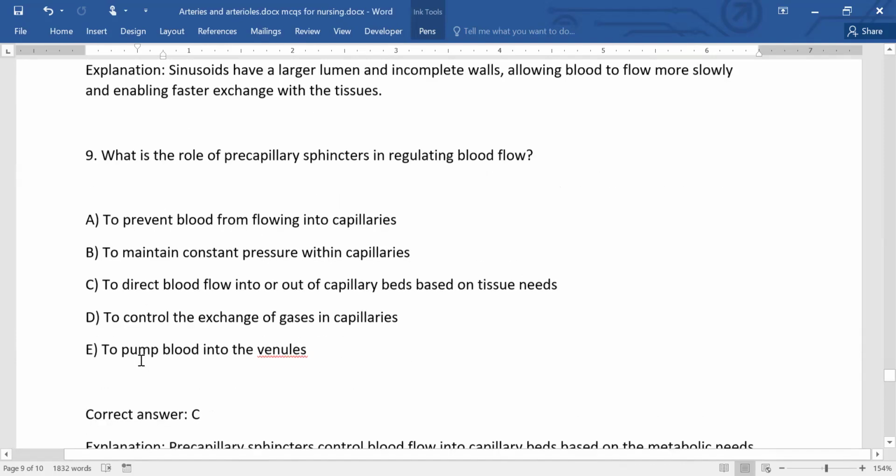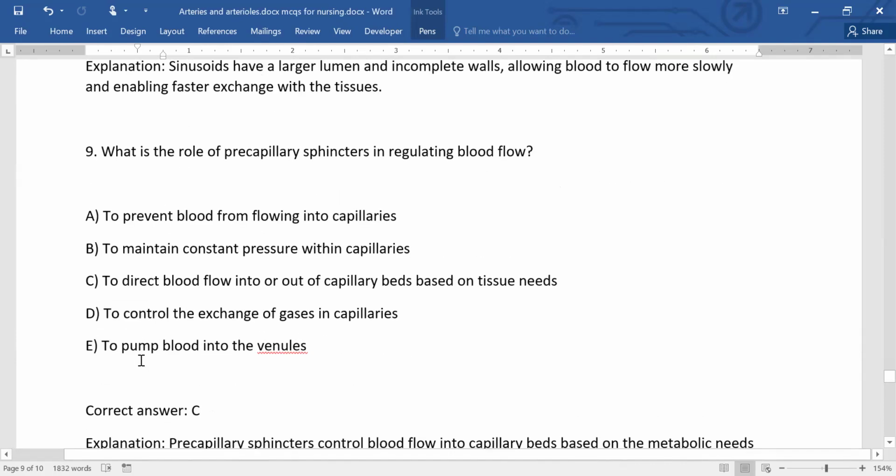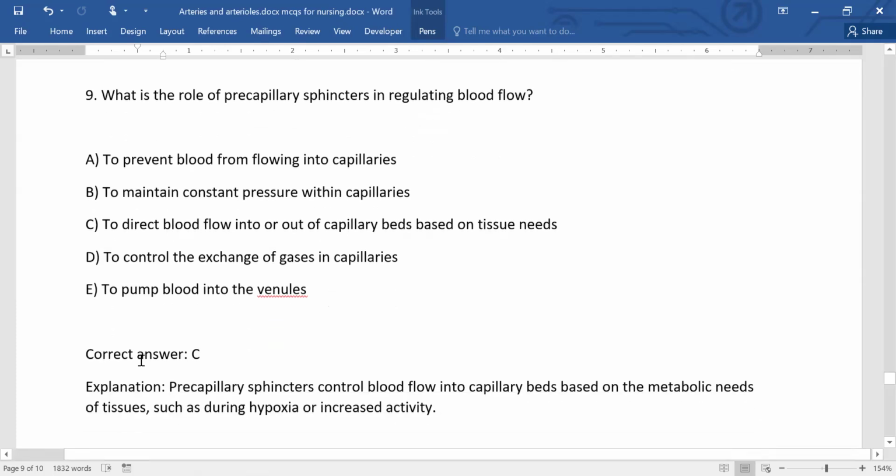What is the role of precapillary sphincters in regulating blood flow? So again, to prevent blood from flowing into the capillaries, to maintain constant pressure within capillaries, to direct blood flow into or out of the capillary beds based on tissue needs, to control exchange of gases in capillaries, to pump blood into the venules.